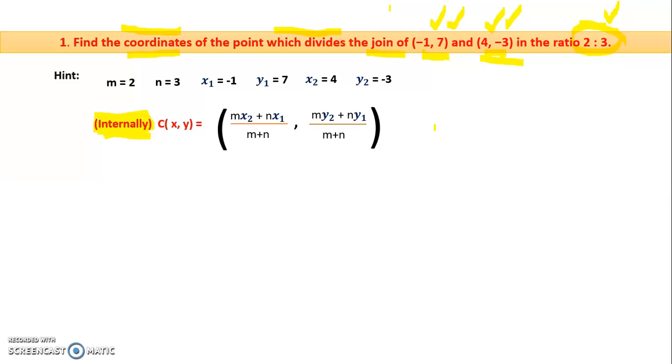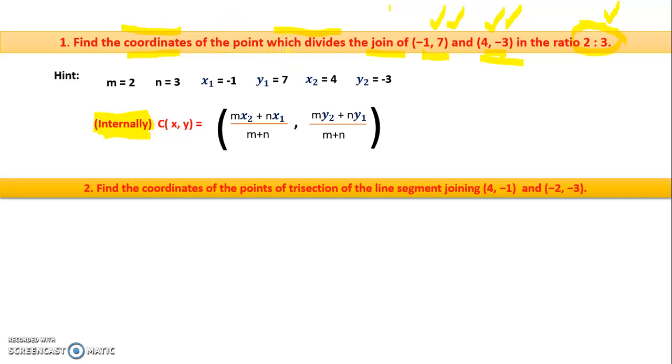If a plus sign is there in the formula, that is internal, and if a minus sign is there, that is external. But which formula is going to be used in the given problem? We will decide that. In the given problem, if they mention externally, then only you should use the external formula. Otherwise, if they do not mention any, then you should use the internal formula. That is the point you should remember.